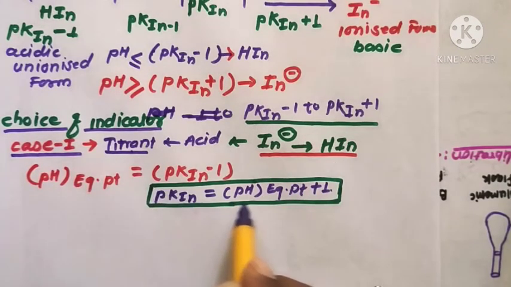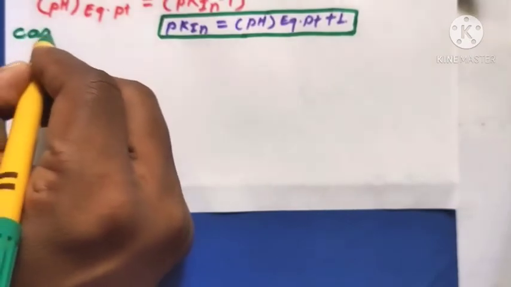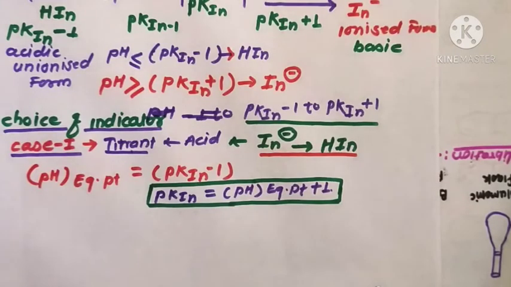Hence, the equivalence point pH should be the same as the pH at which the endpoint color appears for the first time, that is pH at equivalence point is equal to pKin minus 1. Therefore, that indicator should be chosen for which pKin is equal to pH equivalence point plus 1.